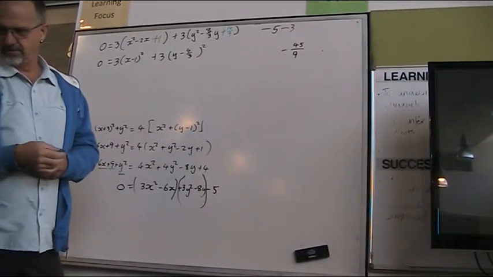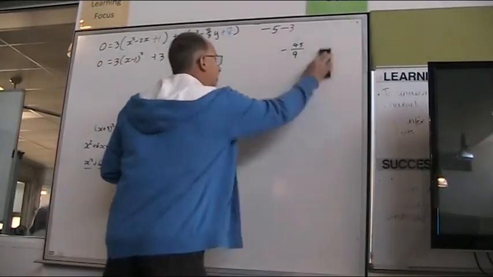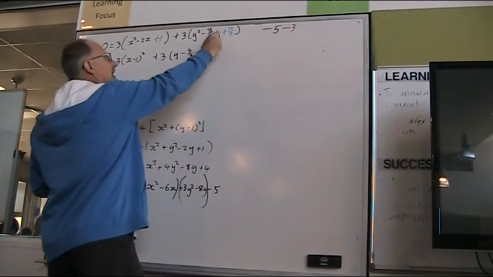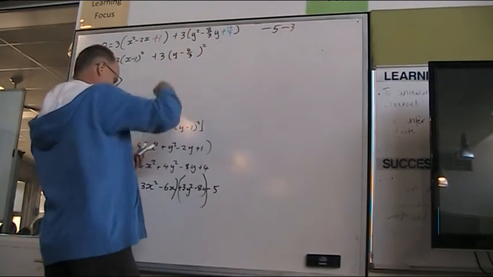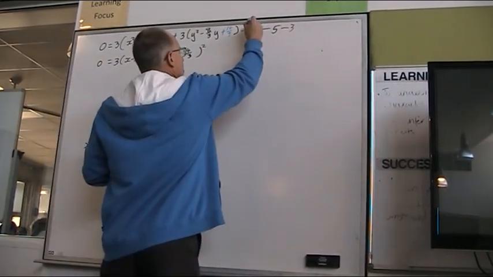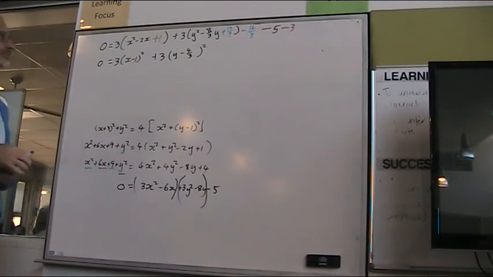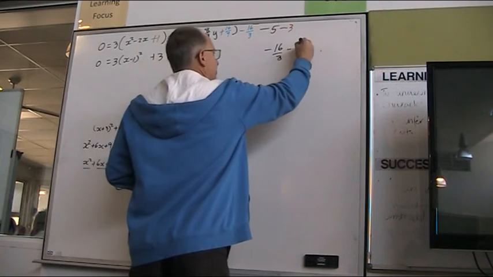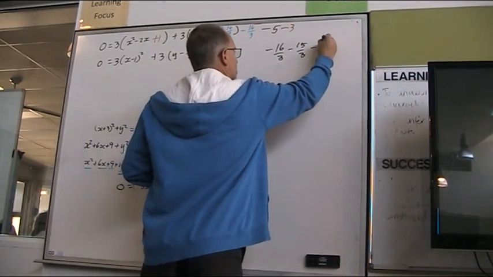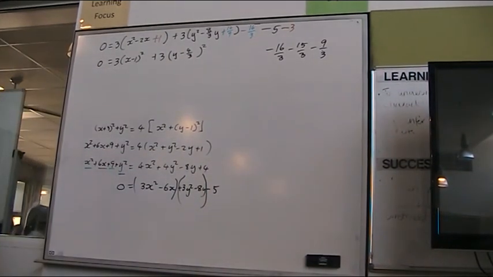Then the other end, oops, this one here. Don't need that 45 then. Again, when I square that, I get 16 on 9, but then I times it by 3, which is 16 on 3. Alright, so minus 16 on 3, minus 15 on 3, minus 9 on 3 is minus 40 over 3.